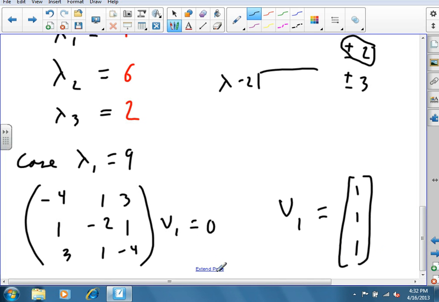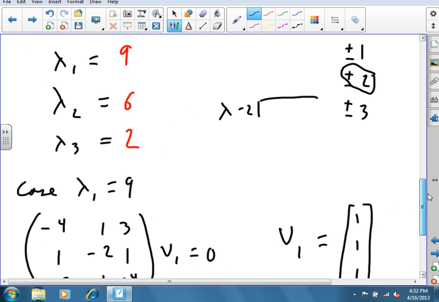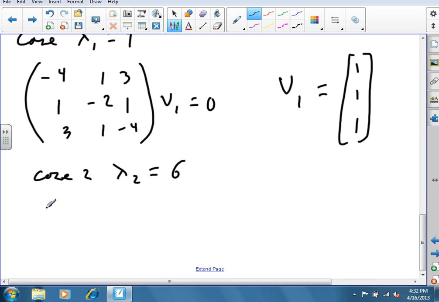Okay. All right, it's case 2. Lambda 2 is equal to 6. I'm going to go minus 1, 1, 3. I'm going to go 1, 1, 1.